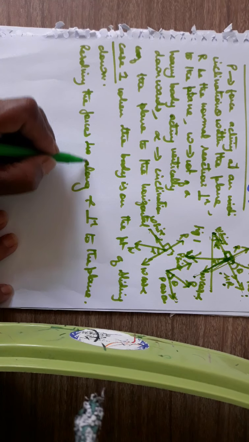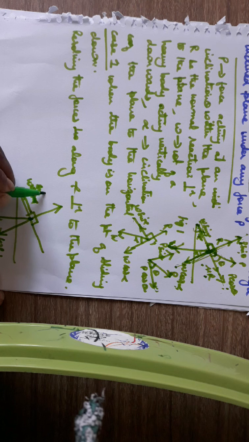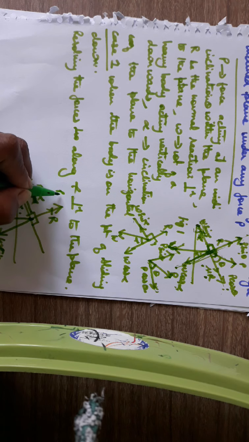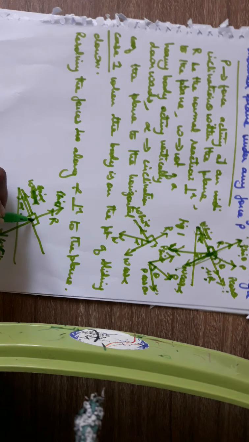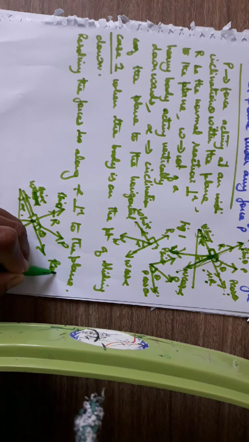By resolving these forces along and perpendicular to the plane, as you can see in the figure, this is W cos alpha, the resolved part of the weight W. This is W sine alpha, and this is W cos alpha. This is alpha, the inclined plane. R is the normal reaction, P sine theta is the resolved part of the force P of inclination theta, and here it is P cos theta.